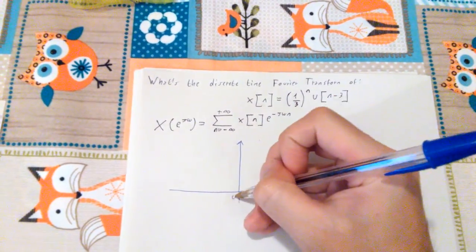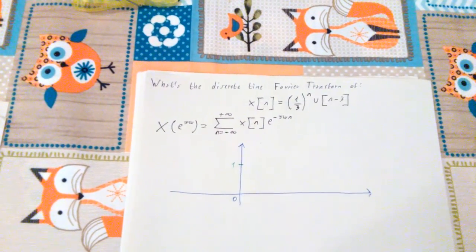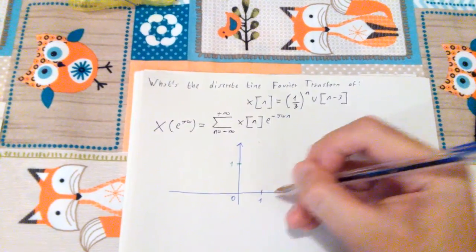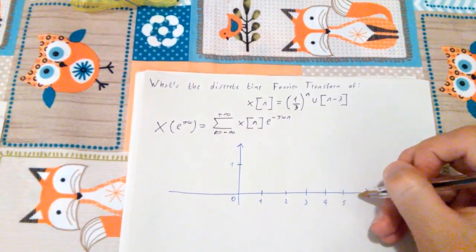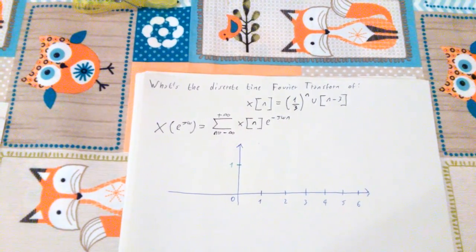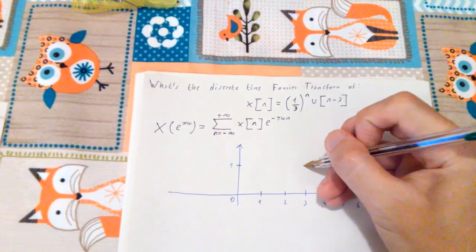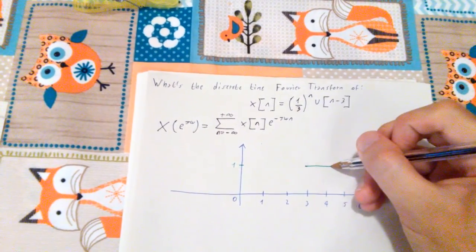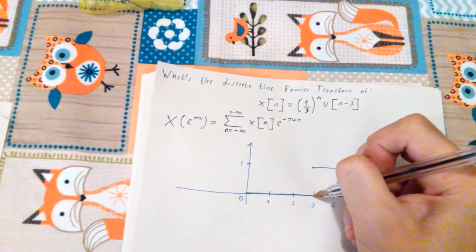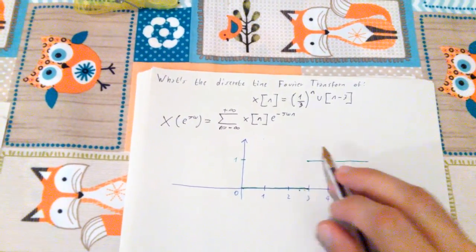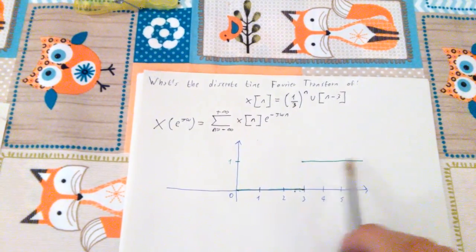So we have 0 here. We're jumping to 1, but not at 0. So if we go to 1, 2, 3, 4, 5, 6, all the way to infinity, we're jumping to 1 at 3. So we're essentially staying at 0 till we get to 3, and then when we get to 3, we're jumping and staying at 1.